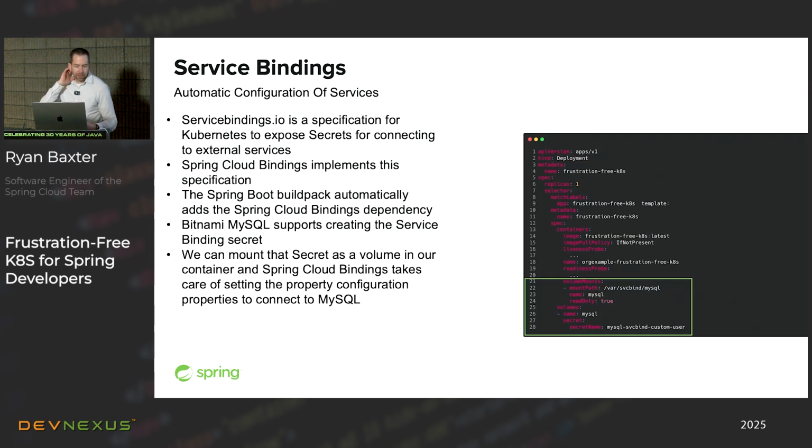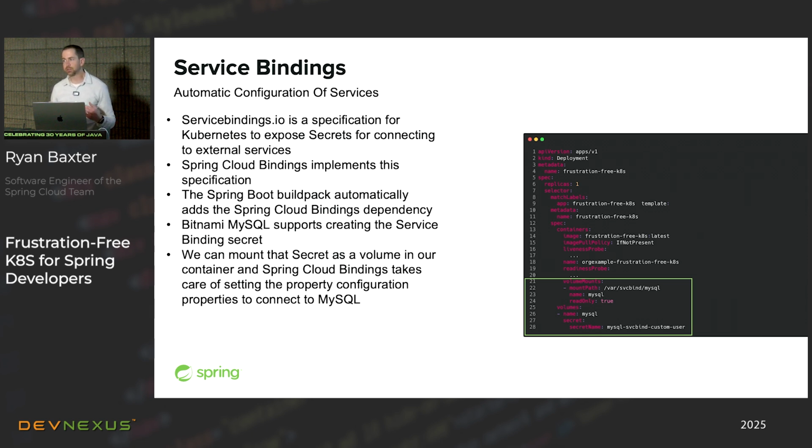So the next thing that we probably haven't thought much about and haven't talked about yet is once we get the application running on Kubernetes, for example, we need to figure out where the MySQL server is going to be located. We need the username and password for that server and how to authenticate to all that stuff, right? And there is a specification that's part of Kubernetes called the servicebindings.io specification.